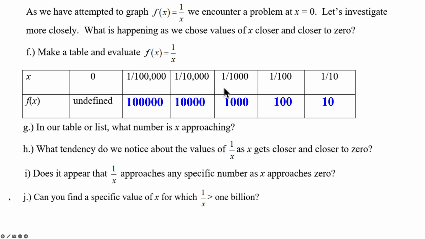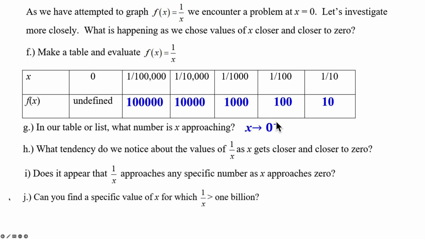So what appears to be happening is that as we start to approach 0 on our x, when we're getting closer and closer to 0, my y's appear to be approaching infinity. I'm getting bigger and bigger. Now, there's a special notation for what my table is doing. I'm approaching 0 from the positive side, the right side.